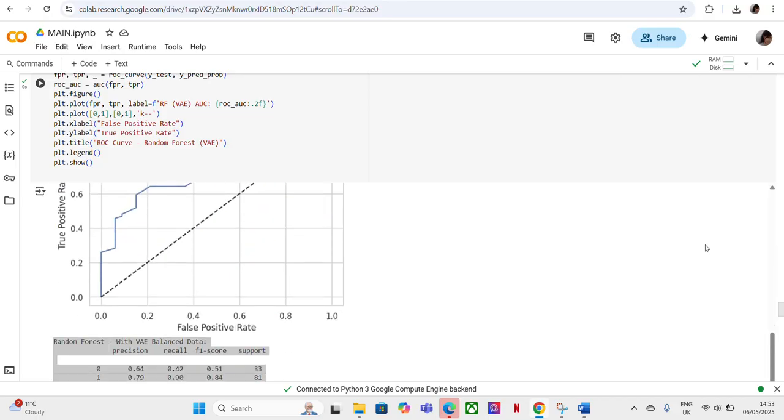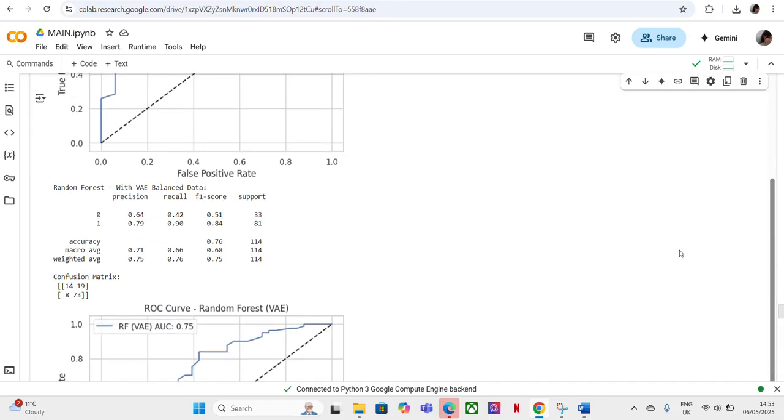Then VAE is applied to the random forest, and the accuracy increased to 76%, with 14 out of 33 class 0 predicted correctly. So the accuracy is increased, and we can see a better improvement.